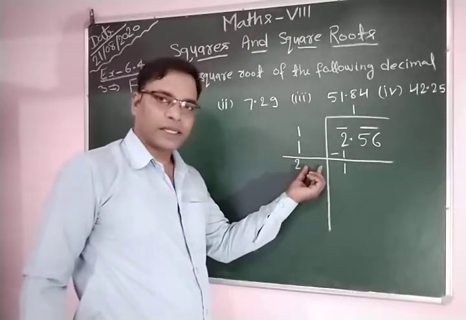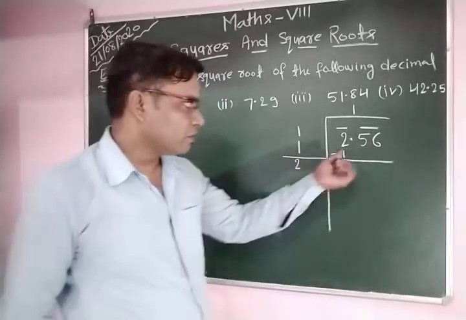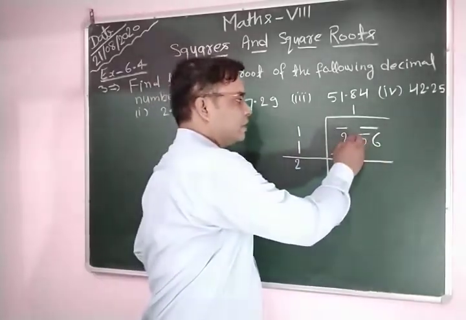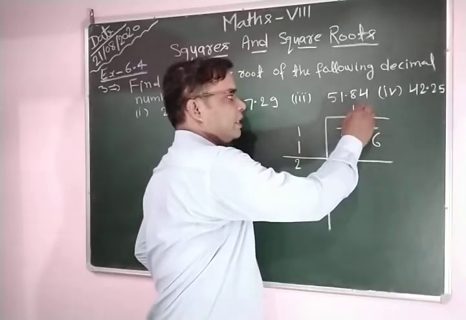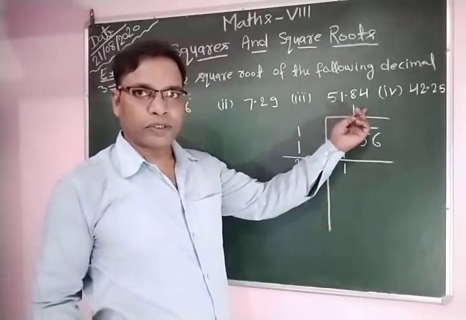we leave a blank for a digit. Here you can see the next pair is the decimal pair. So first we put the decimal point to the right of 1 in the quotient place.